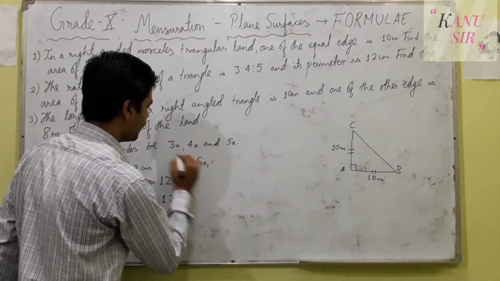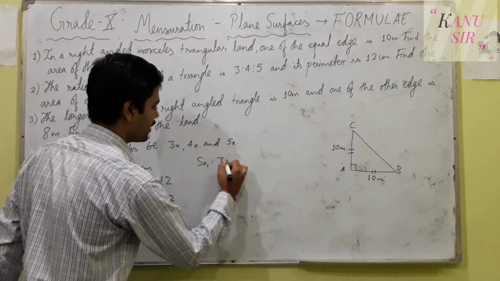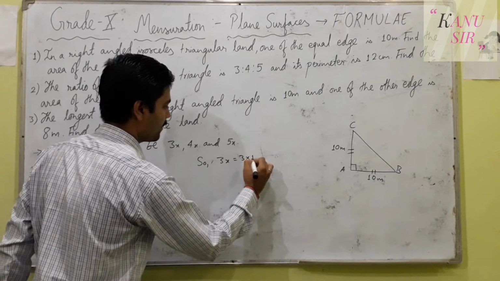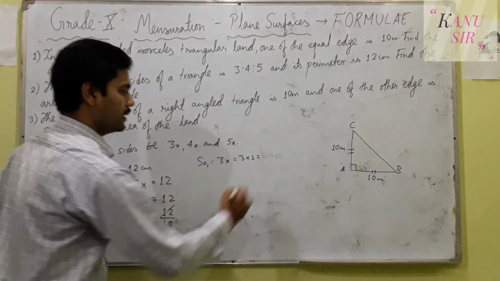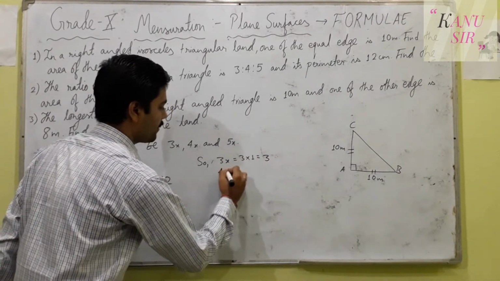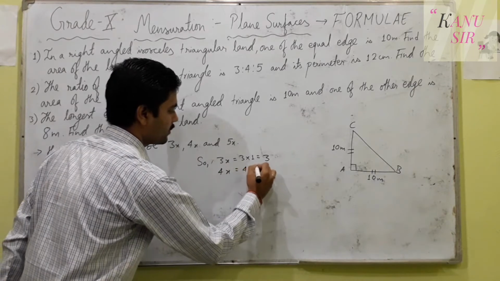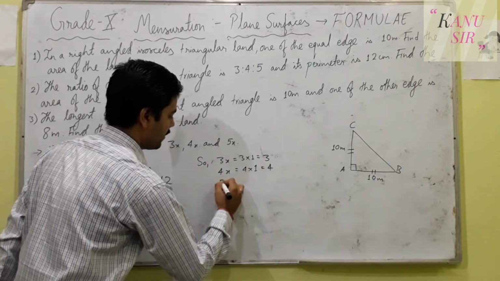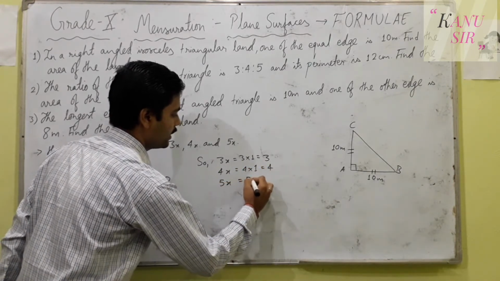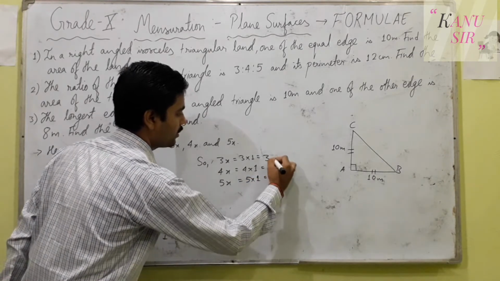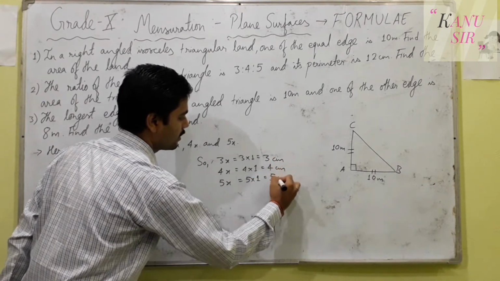So you can find the values of the lengths: 3x equals 3 times 1 is 3, 4 times 1 is 4, and 5 times 1 will be 5, and the units will be centimeter.